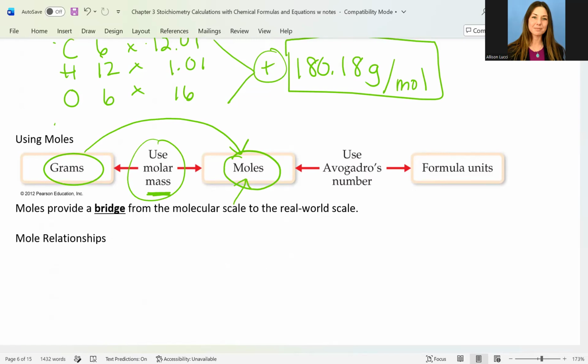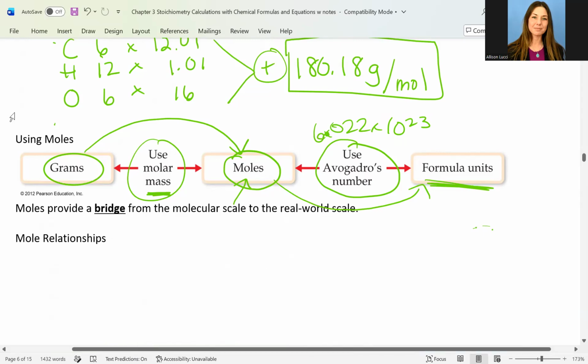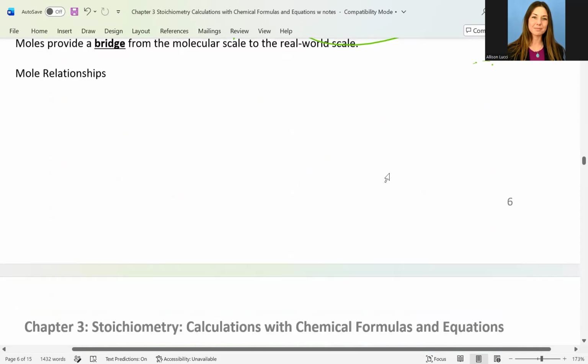And then say we want to know how many formula units we have in an ionic compound, or how many molecules we have, or even how many ions we have, we can use Avogadro's number. So we would commonly multiply by 6.022 times 10 to the 23rd to go from moles to formula units or whatever other unit we're looking for. So we're going to see many different relationships and many different conversions between moles and grams and formula units using these conversion factors.